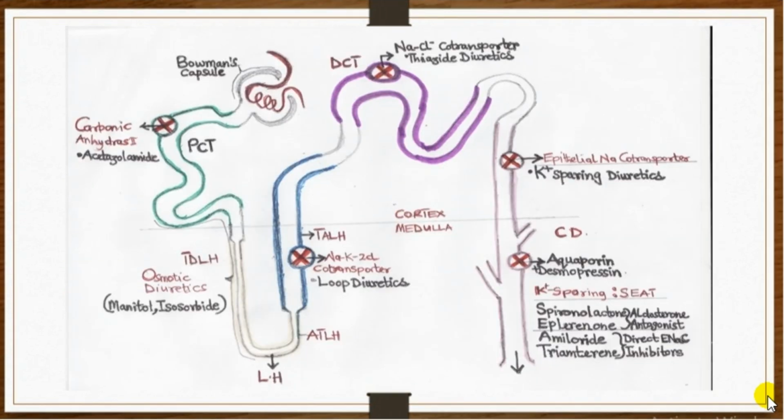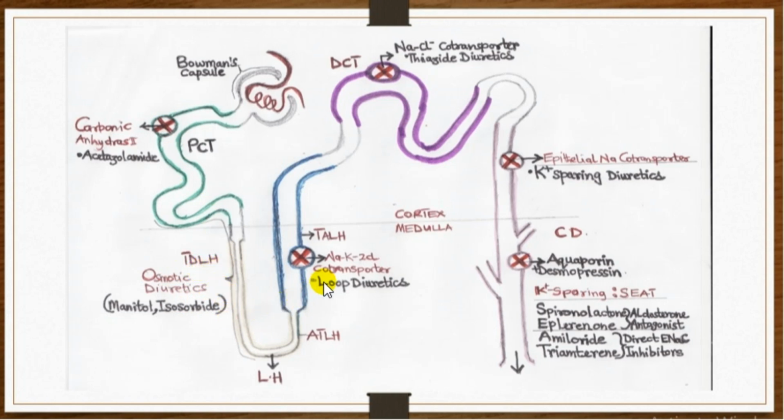Now, this is a diagram depicting the various sites where the diuretics will prevent the reabsorption of sodium and other electrolytes back into circulation. Over here we have the carbonic anhydrase inhibitors at the proximal convoluted tubule. We also have the osmotic diuretics at the thin descending loop of Henle.